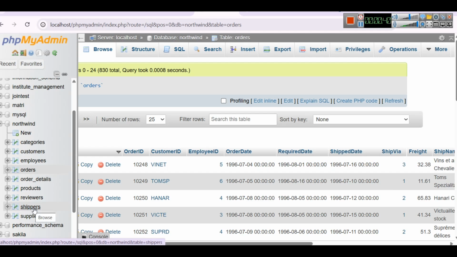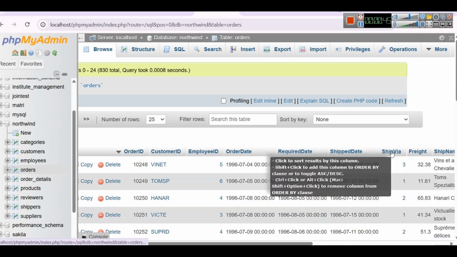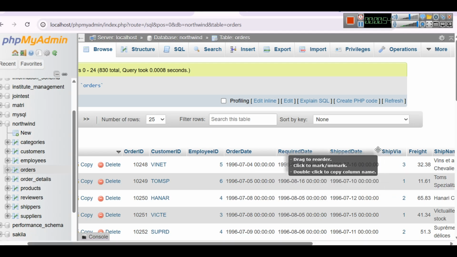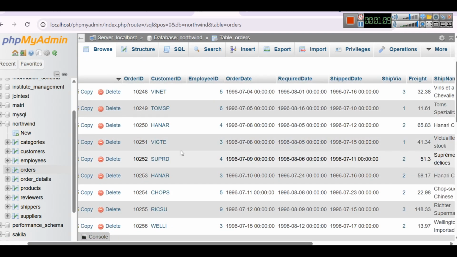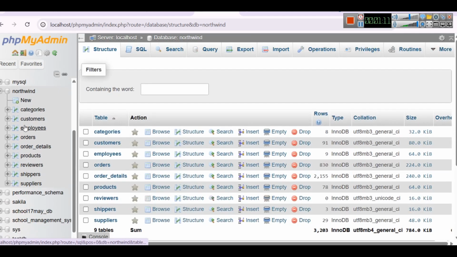Sometimes knowingly or unintentionally the names of the columns will differ. So then we have to create different types of relationships and analyze the data. So this is the introduction to the Northwind dataset that we are now going to use for data analysis.